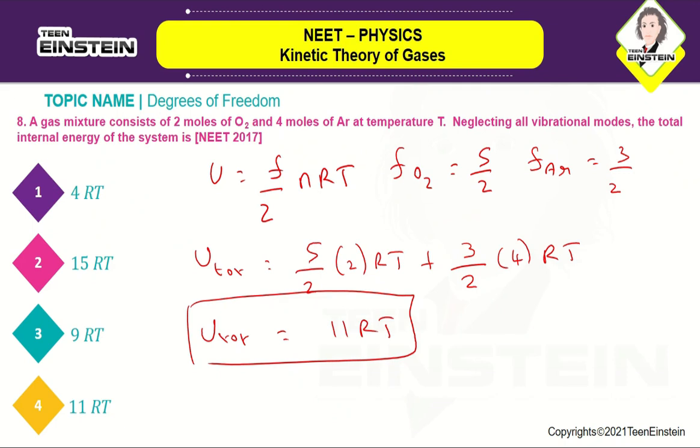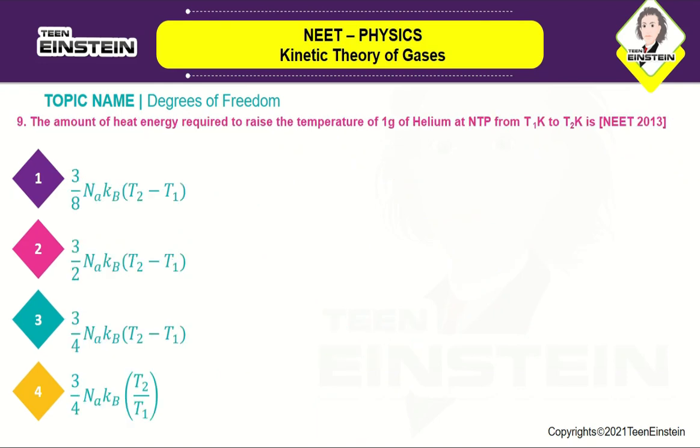Okay, so let us move on to the next question. The amount of heat energy required to raise the temperature of 1 gram of helium at NTP from T1 K to T2 K is. So here they want us to find out the amount of heat energy required to raise the temperature of 1 gram of helium at NTP from T1 Kelvin, that is from one temperature to another temperature T2 Kelvin.